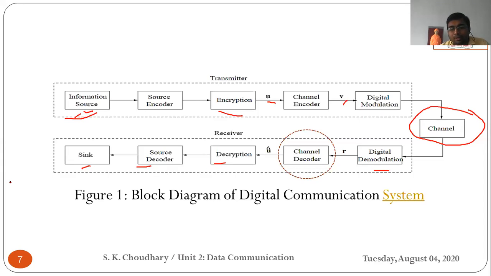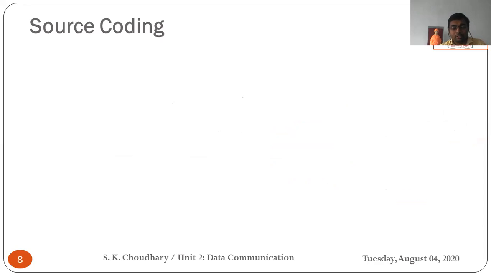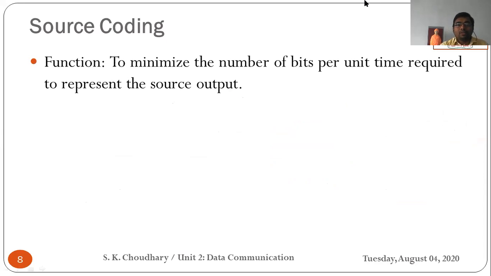Now let us see one by one the role, or the function, of these blocks. First of all, we will highlight source coding, or the source encoder. The function of source coding is to minimize the number of bits per unit time required to represent the source output.